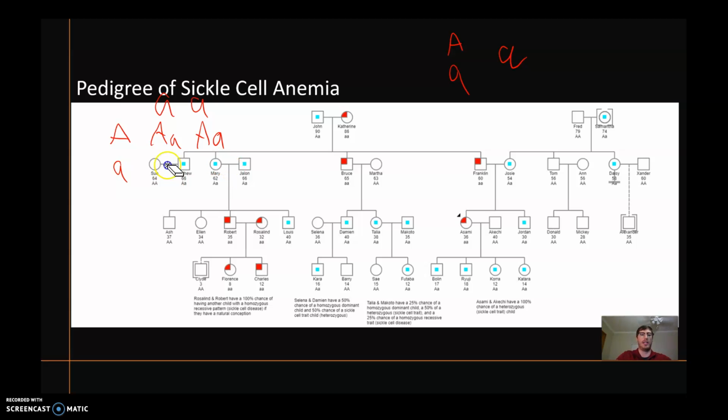And what I found pretty interesting is that if we see down here with Bruce and Martha, when a sickle cell afflicted person has children with a non-affected person, every single one of them is going to be a carrier. So if we look right here, here's Bruce. And here's Martha.